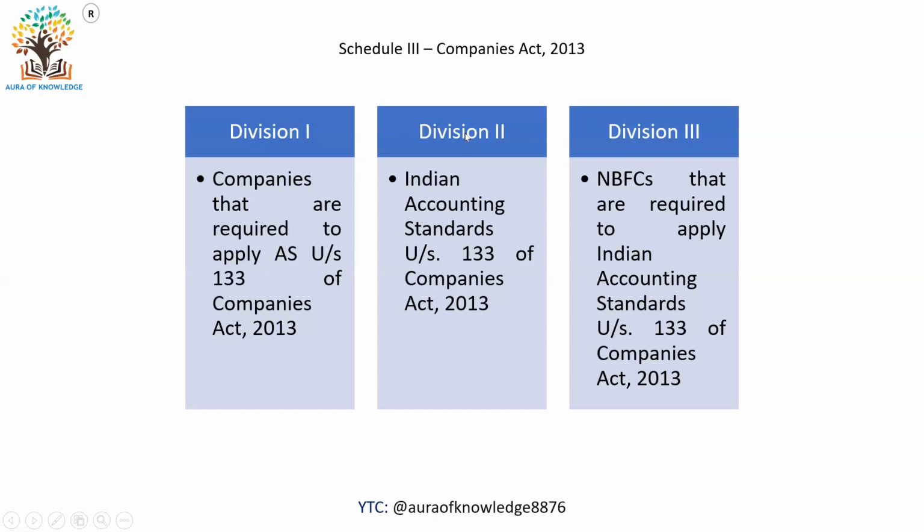Then division 2: wherever Ind AS is applicable, they have to follow this division 2 format. So in division 1, companies for which accounting standards are applicable follow the division 1 format, and wherever Ind AS standards are applicable, they follow the division 2 format.